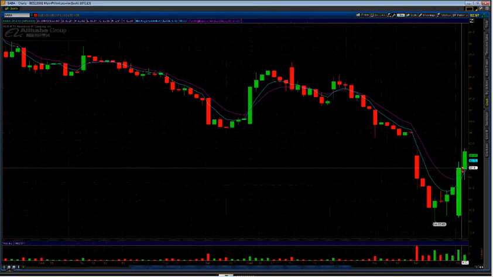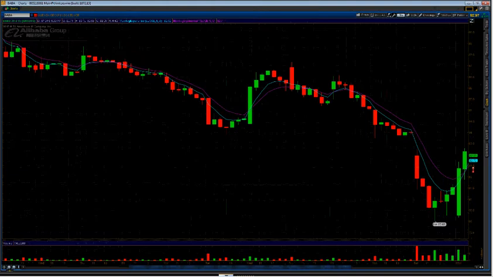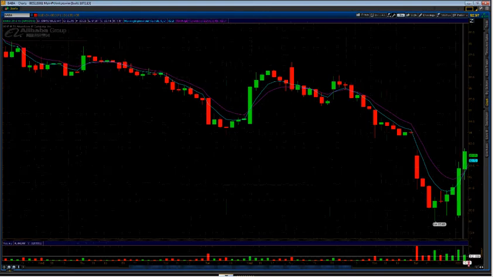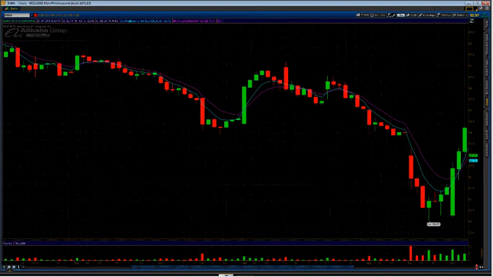What then would be the sell signal? Blue crosses below the purple line.